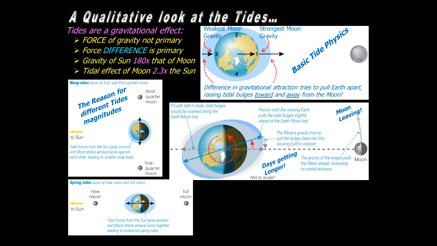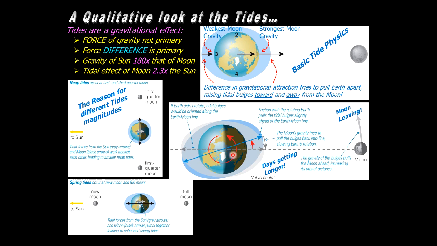So the tidal bulges would be oriented along this line as shown, this gray area here. The blue area shows the effect of the Earth actually spinning underneath this. So the Moon is basically sitting out there. Yes, it's orbiting, but not real rapidly.